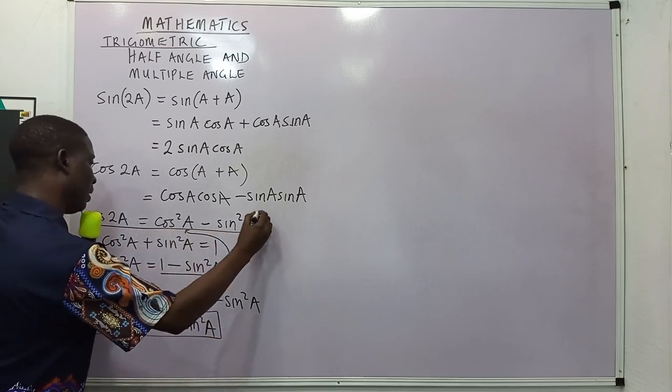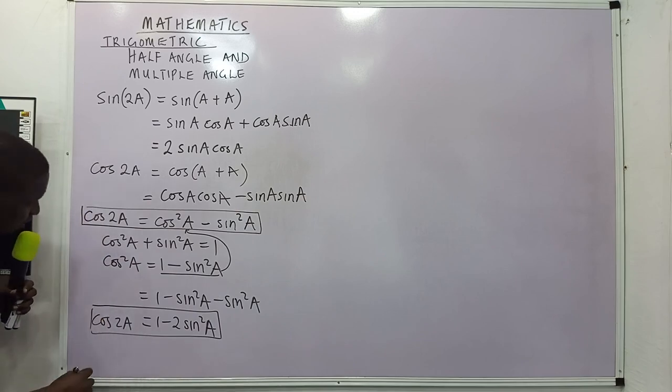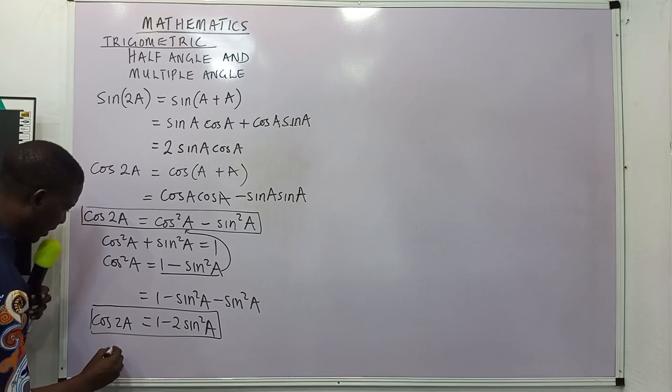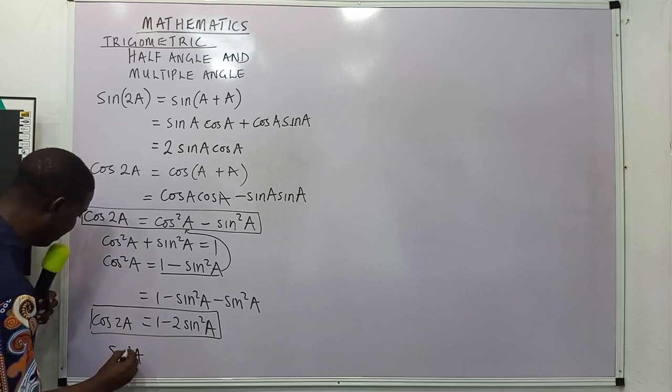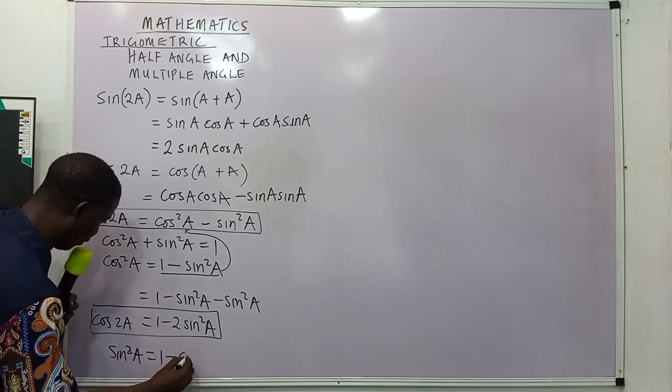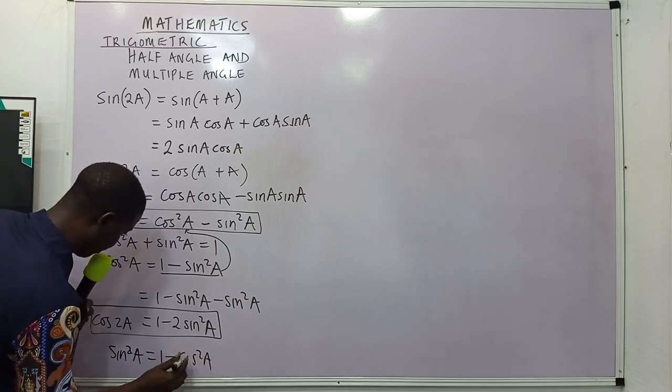Here's another one. What happens if you say sine square A is equal to 1 minus cos square A?